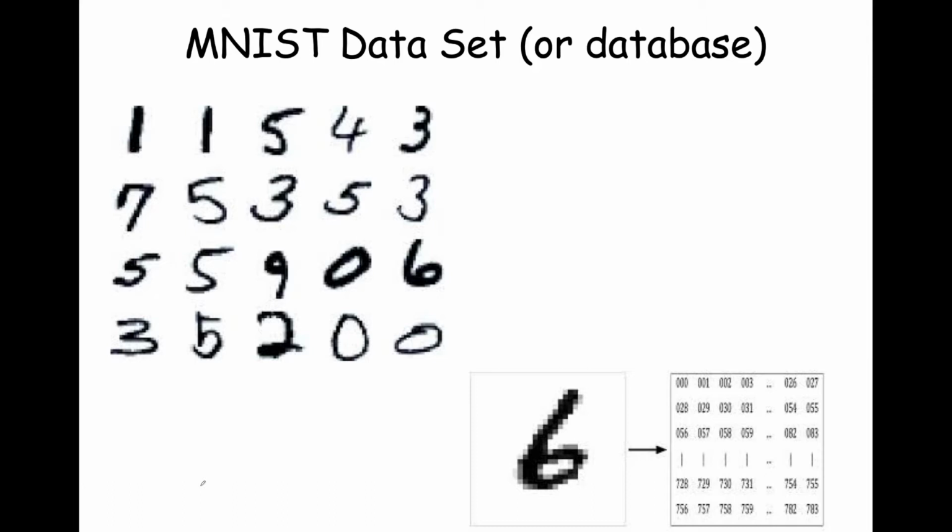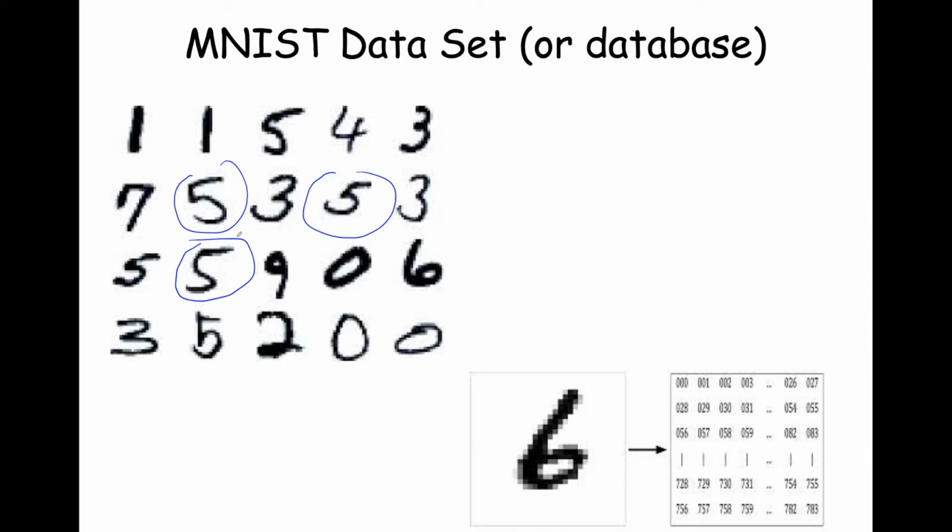As you can see, there are variations of the same digit. For example, a 5 here is still a 5, but it doesn't look like a 5 here, and the 5 here is a little bit different, but has roughly the same types of features as the 5 up above.